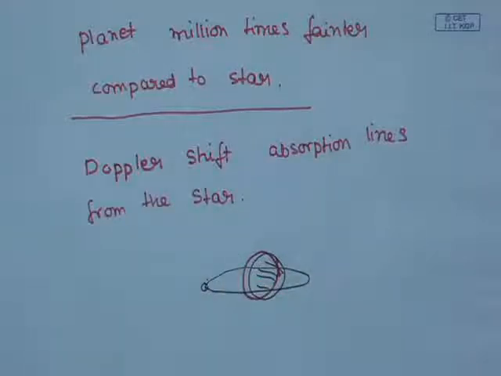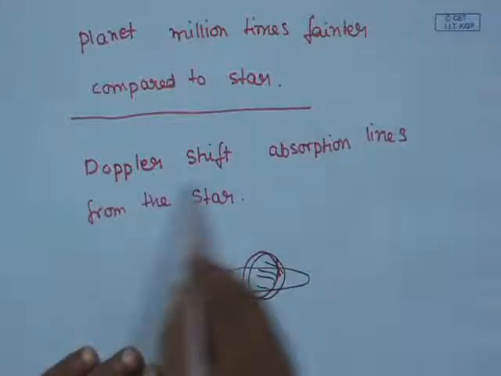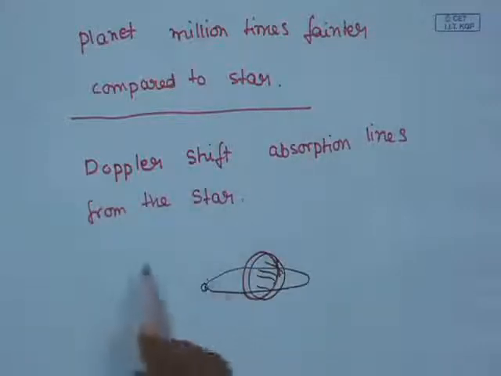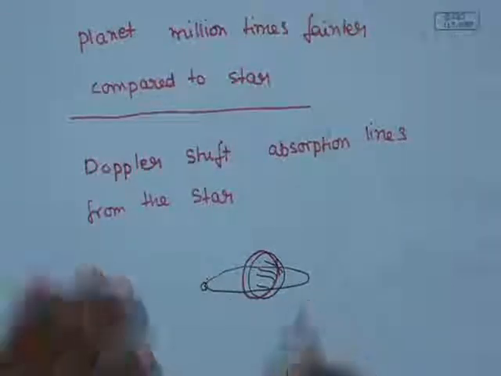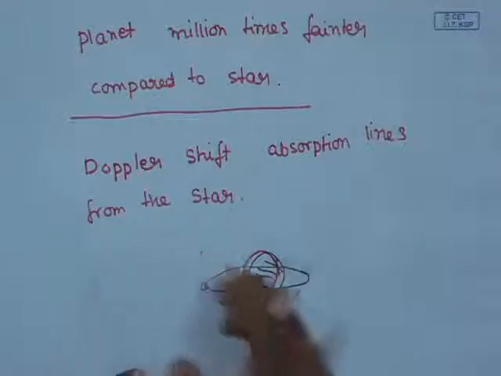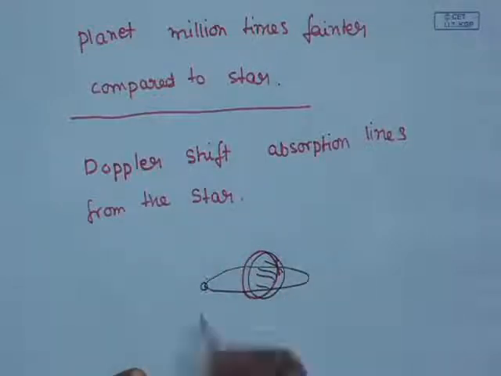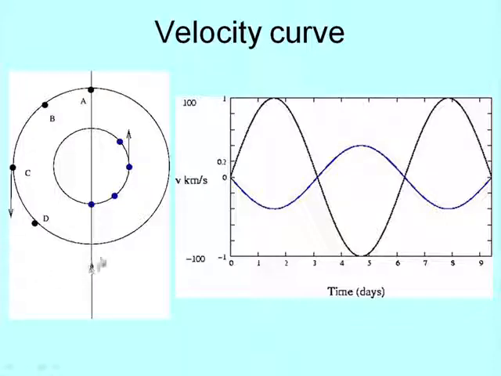So, the basic task is that we have to measure this Doppler shift of absorption lines emitted from the star. If the star had no companion, no other mass around it, it would remain fixed or it would move with uniform velocity, but the presence of planets around it changes that. So, the effect is very similar to that which you have for a binary stellar system, except that the effect is extremely small.